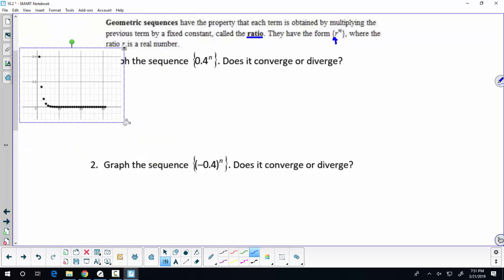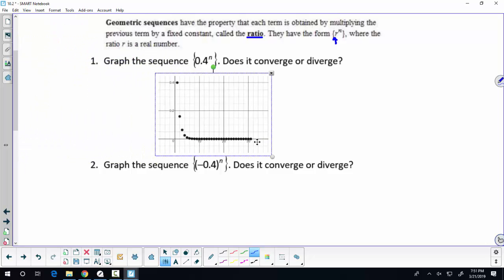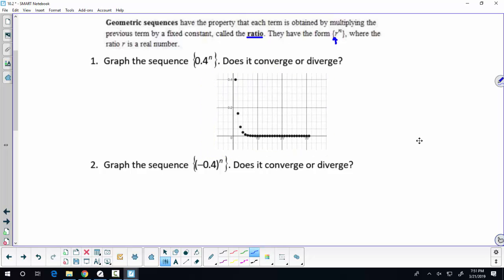All right, there's our graph. Converge or diverge? Converge. Does it move in one direction? Yeah. Okay, so let's say converges monotonically. What's the common ratio here for this geometric sequence?